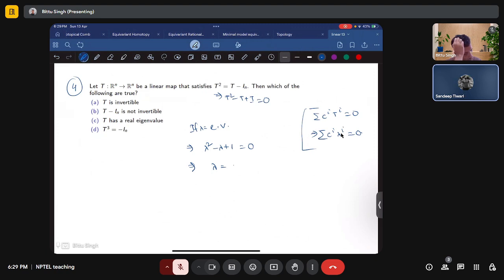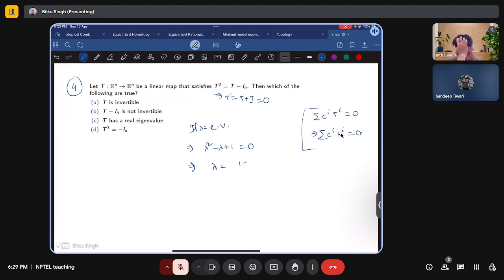It is 1 plus minus the root of b square minus 4ac, that is 1 plus minus root 3 i, over 2. So the eigenvalues belong to this set, 1 plus minus root 3 i by 2.